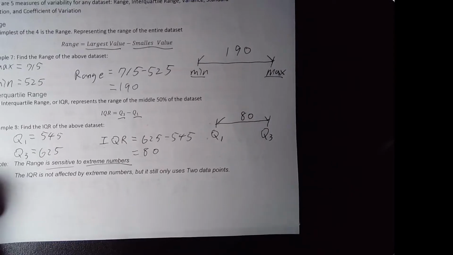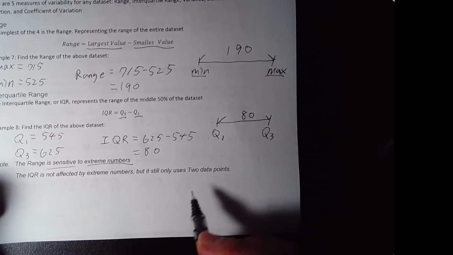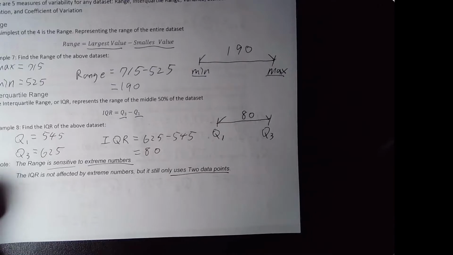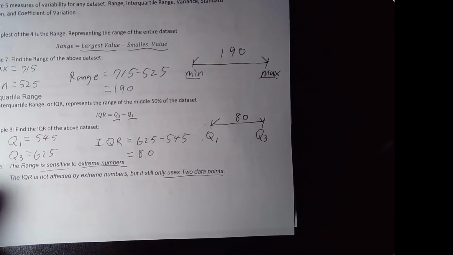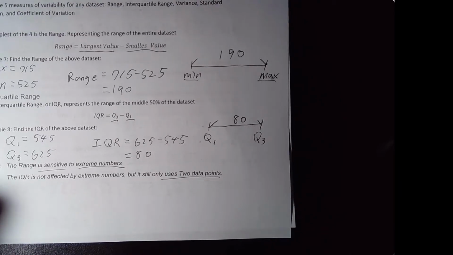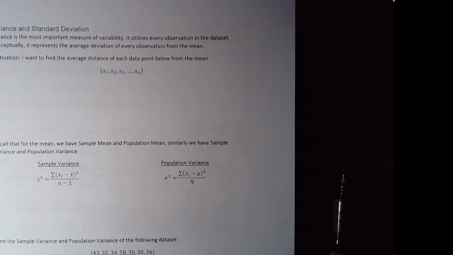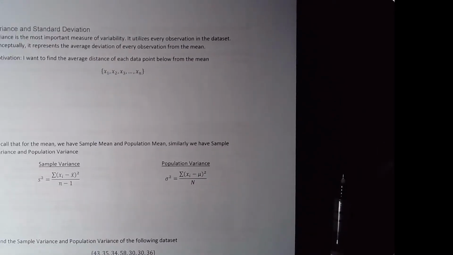Now, it's important to keep in mind that both of these, the range and the IQR, only use 2 data points. So when you want to start thinking about the idea of efficiency, should I ignore all of the other data? Should I only use 2 data points? Now variance and standard deviation is the most important of all the measures of variability.